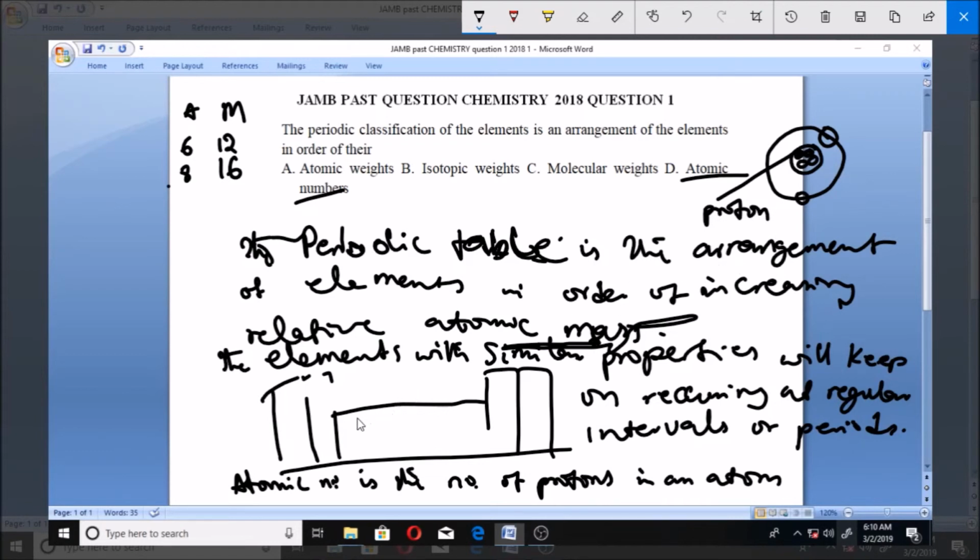So you find out that if you have an element with atomic number of 1, you're going to have the one of 2, you're going to have the one of 3, something like that. So the arrangements in the periodic table are actually according to their atomic numbers, or in this case atomic masses, and atomic mass is also a function of the atomic number. So it is not atomic weight, it is not isotopic weight, and it is not molecular weight. So the right option is the atomic numbers.